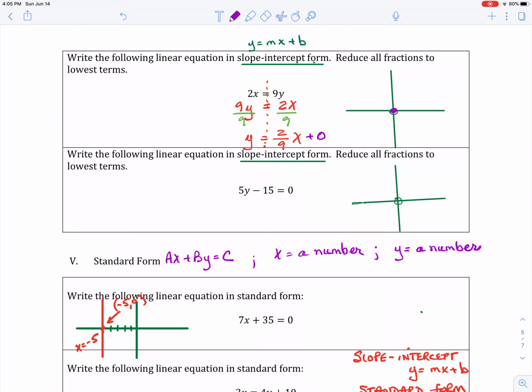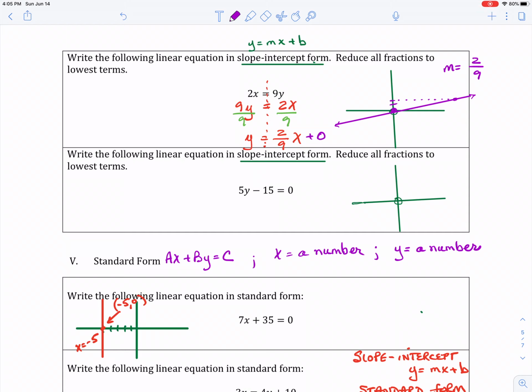And then for the slope, which is this 2/9, I count up 2 and run 1, 2, 3, 4, 5, 6, 7, 8, 9. So if I were to sketch this linear equation, it would look something like that. Okay, so that's kind of an unusual case. When there is no constant, the line passes through the 0, the origin.